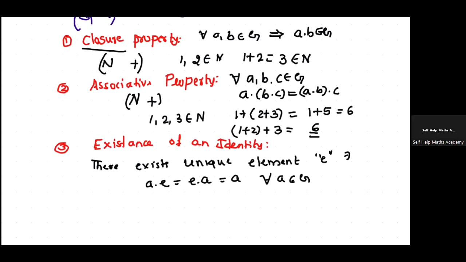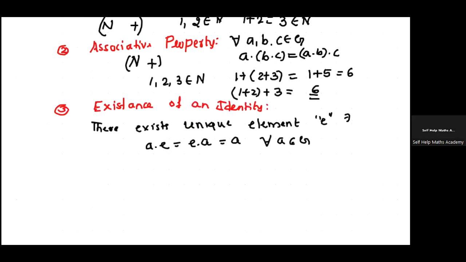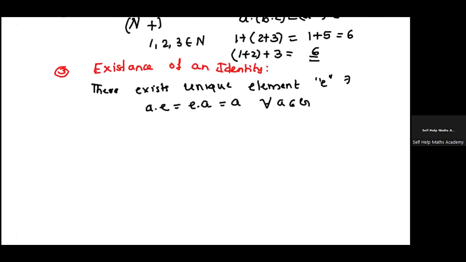For example, if you see Z as the integer set with the binary operation as addition, and you consider an element, say -1, if I add this element to 0, I'll get -1.